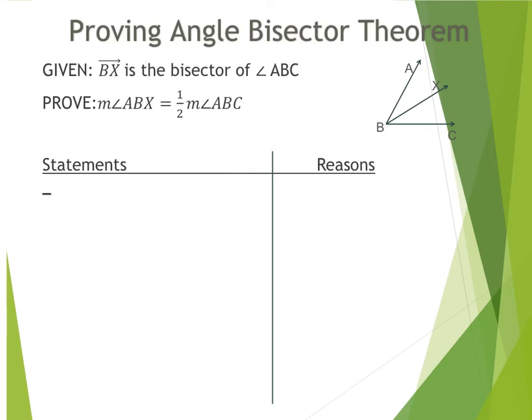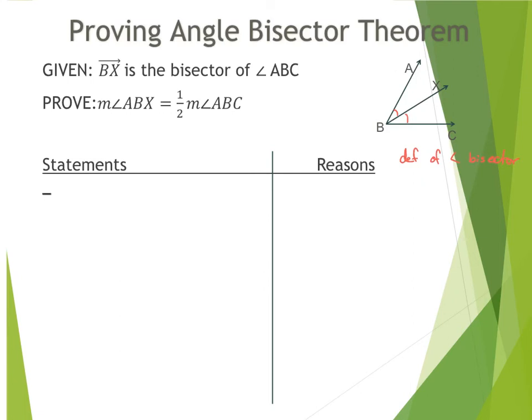So first thing I'm going to do is annotate my picture and write down the information that I used. So I have that BX is the bisector of angle ABC. So I know that ABX is congruent to XBC. And I know that because of the definition of bisectors, of angle bisectors.